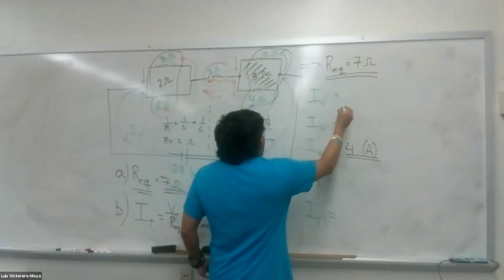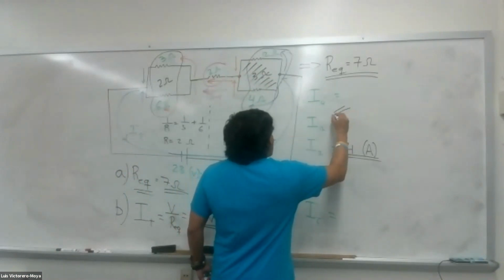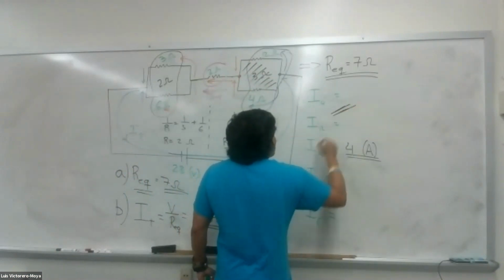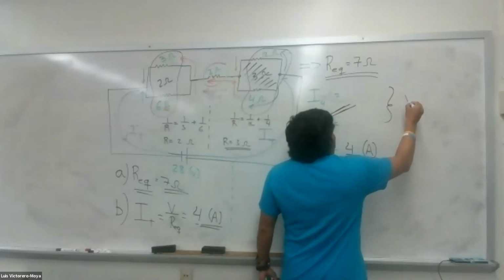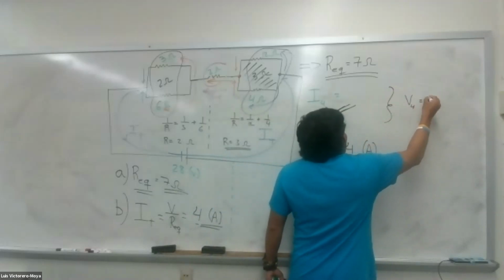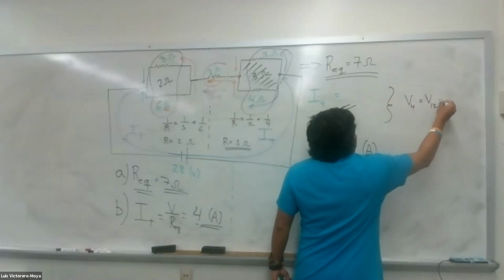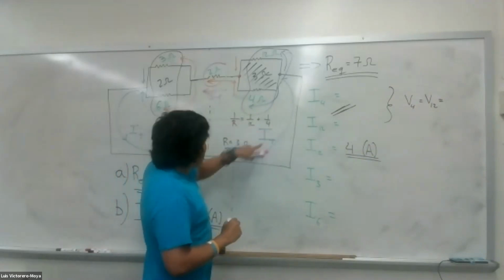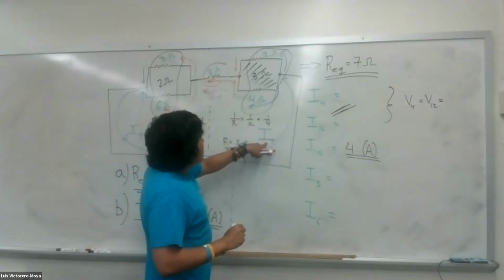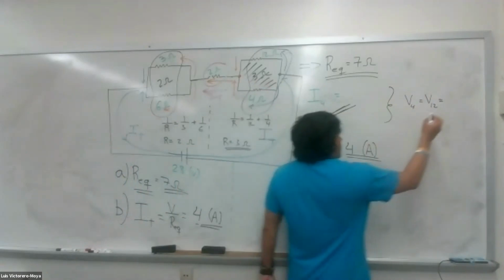Let's put here parallel. Right? So they share. So V4 equals V12 equals what? Equals the current 4 times 3. It's 12 volts.